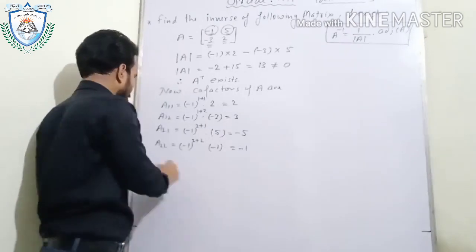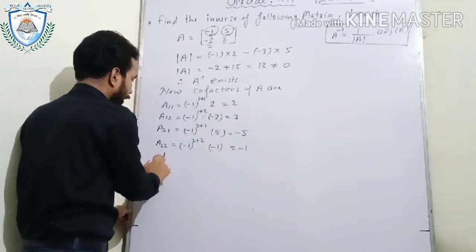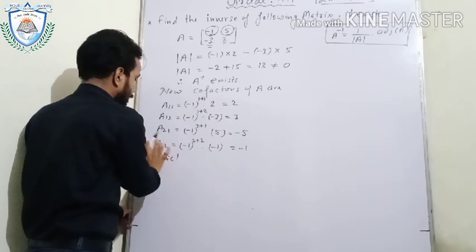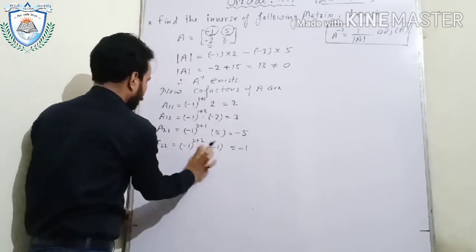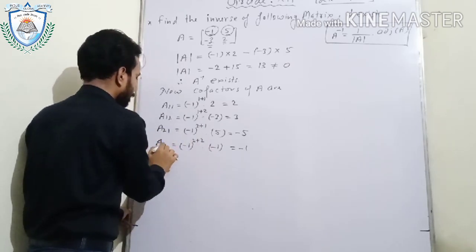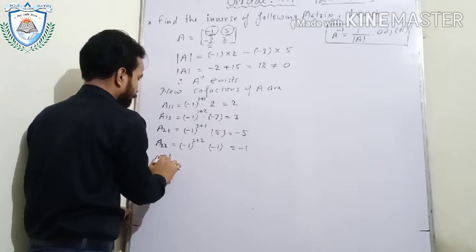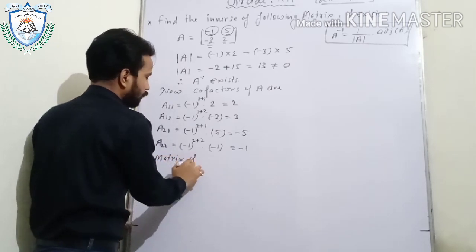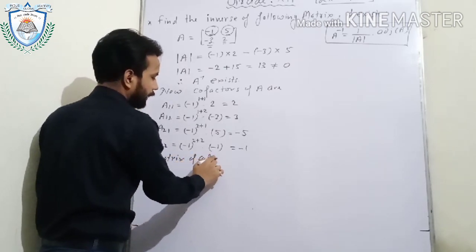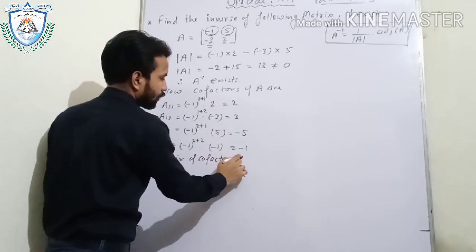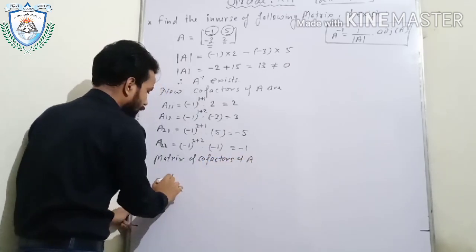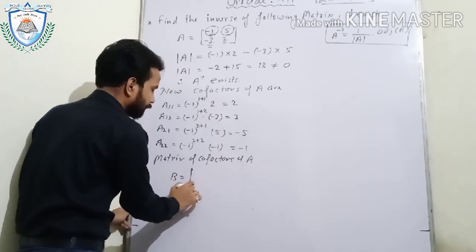Clear? Now we have to find the matrix of cofactors of A. This is denoted as B matrix.